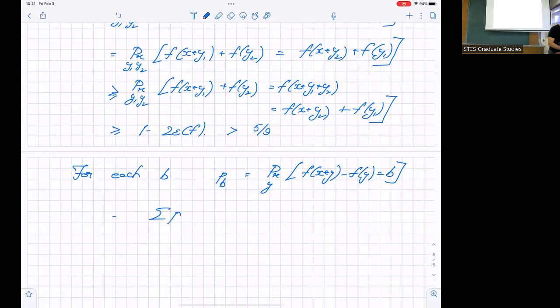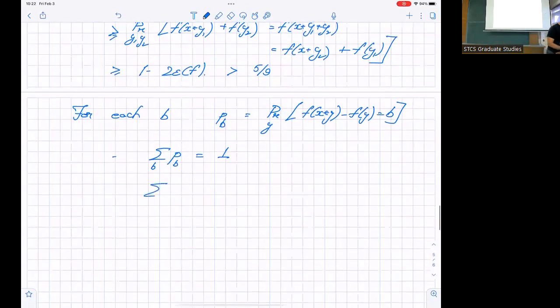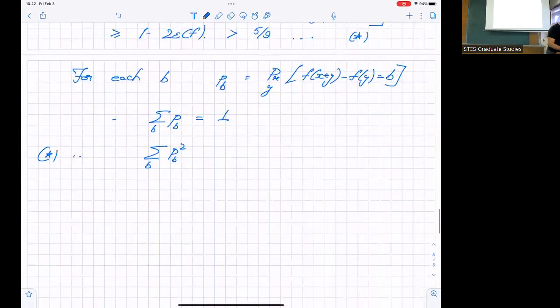The following: summation over p_b is 1, because the total vote as you range over all the b's is 1. And star is just stating that summation p_b square is greater than 5/9, because that's exactly the collision probability. Star is exactly the collision probability.